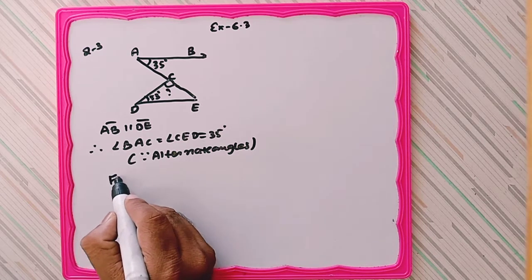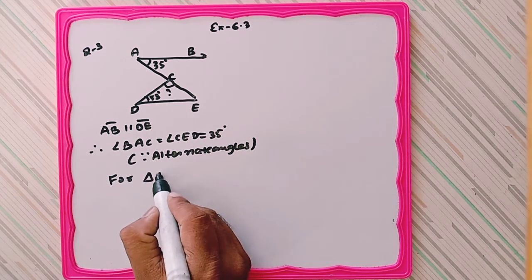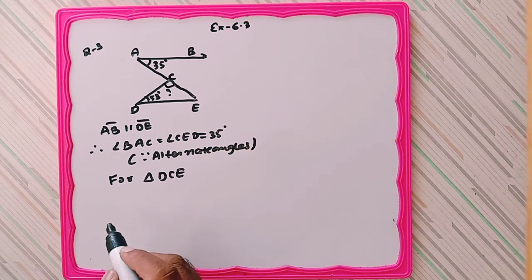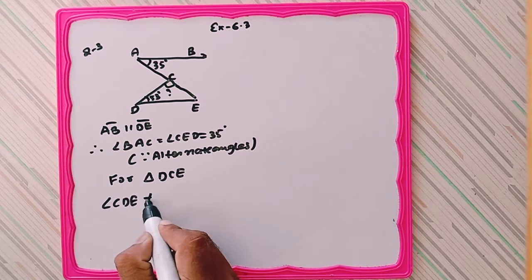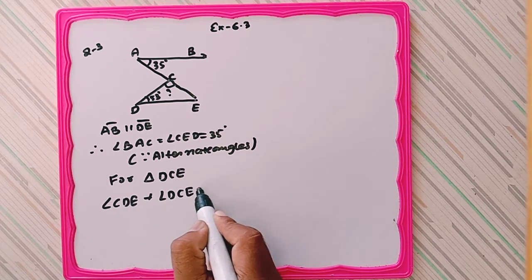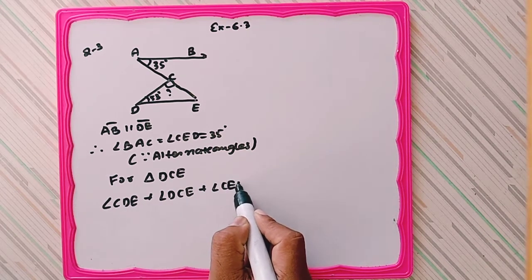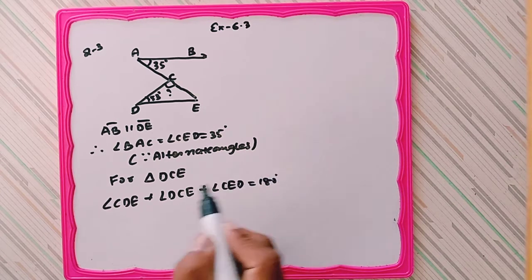Now for triangle DCE, the angle sum property we have angle CDE plus angle DCE plus angle CED equals 180.